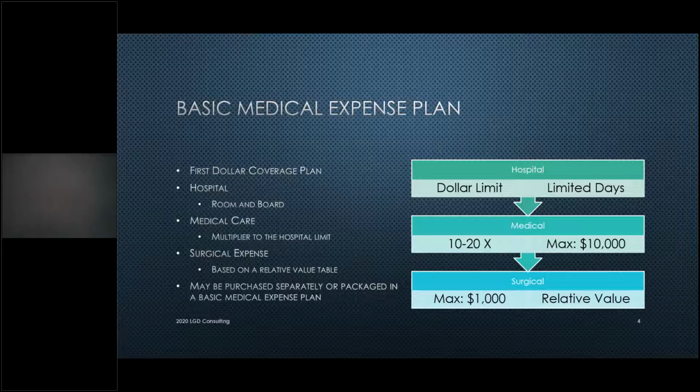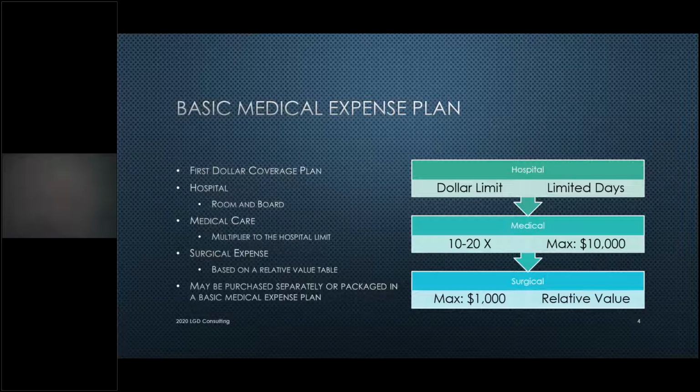So let's say someone needs gallbladder surgery. Well, we go to this list, we look up gallbladder surgery, and it has a relative value of, let's just say, 40, right? And so we take that 40, we multiply it by the conversion factor, let's just say $200. So we take 40 times $200, and that's basically $8,000, and that's how much we'll pay for your gallbladder surgery.